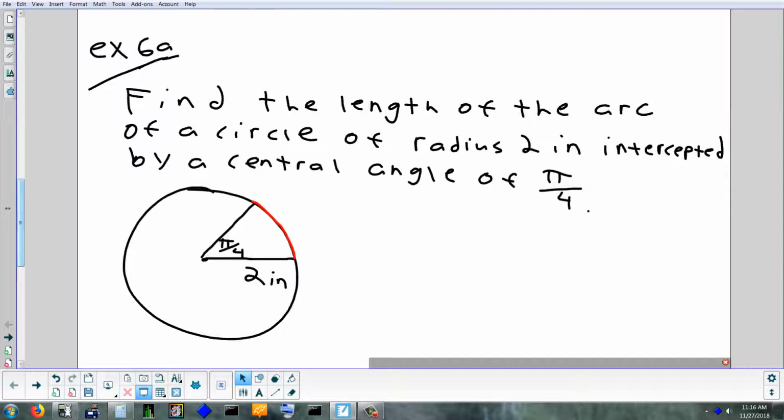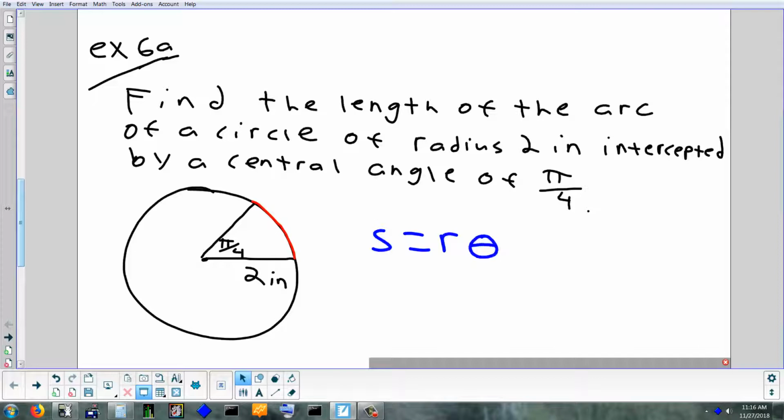Okay, before I do that, can somebody just remind me what's the formula again for arc length? Yeah. S equals R theta. So now the question is to find the length of the arc. So what letter in that formula are they asking me to find?